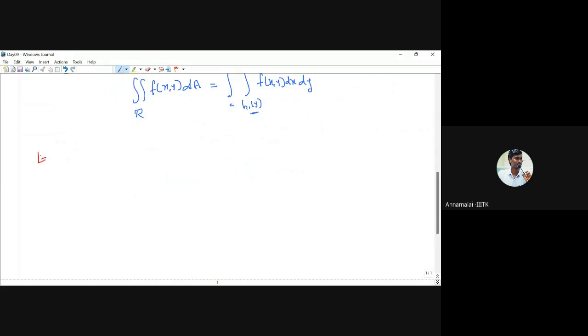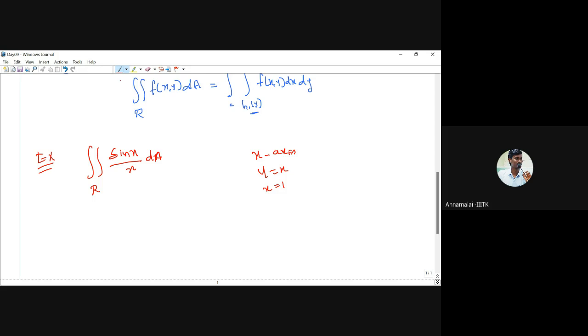We discussed the double integral over the region R of sin x by x dA. Okay, if you write R, we have to put dA here. It's given that the region is a triangle whose sides are: the x-axis is the bottom of the triangle, then y equal to x is the boundary, and then x equal to 1.